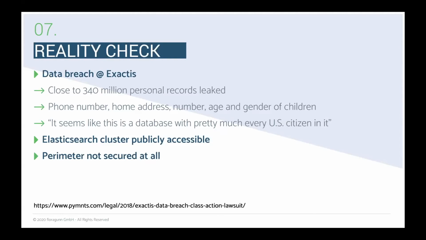It seems this database had pretty much every US citizen in it. So why did this breach happen? It happened because an Elasticsearch cluster was publicly accessible. It was completely unsecured and reachable via the public internet. So this is an example where the perimeter was not secured at all.